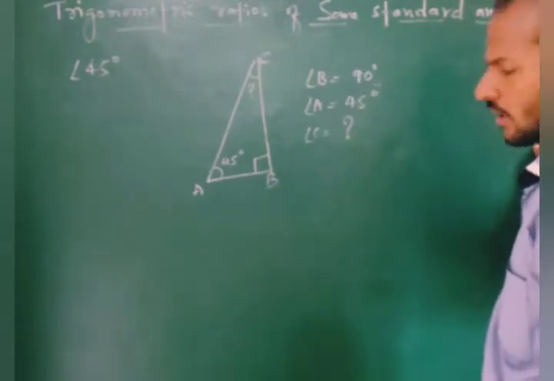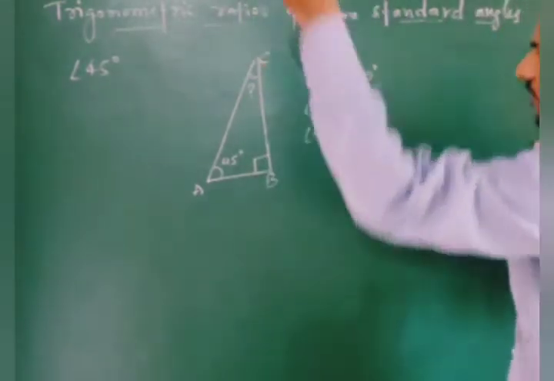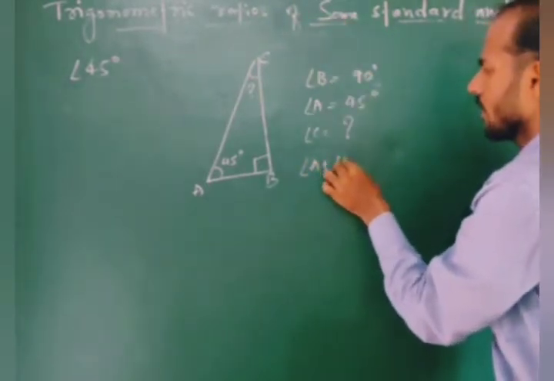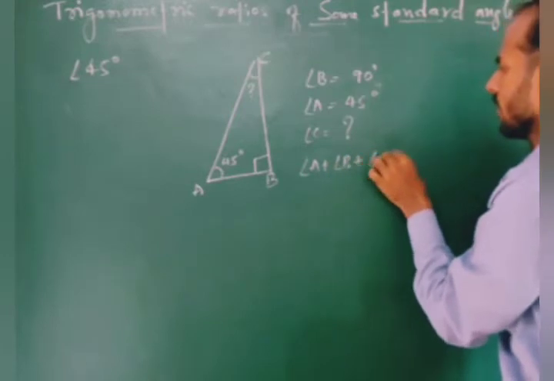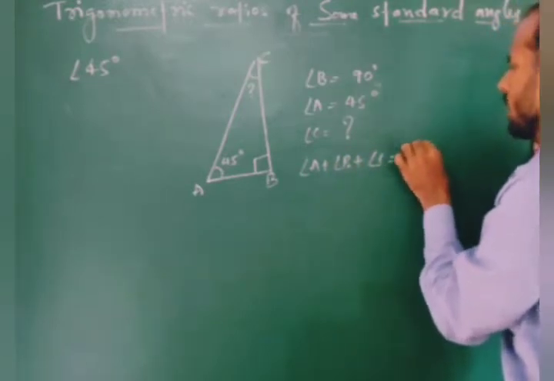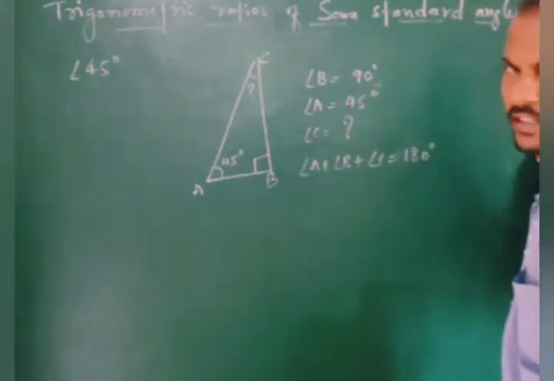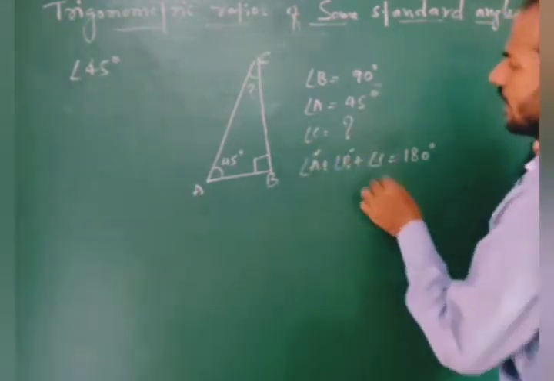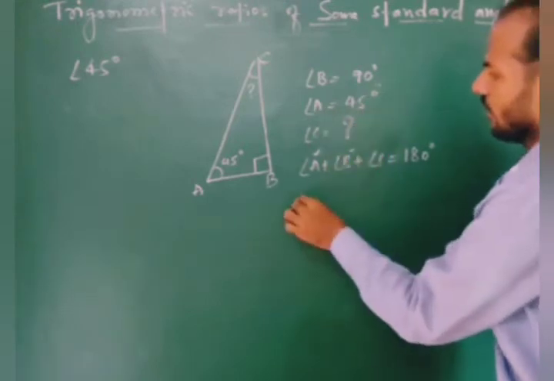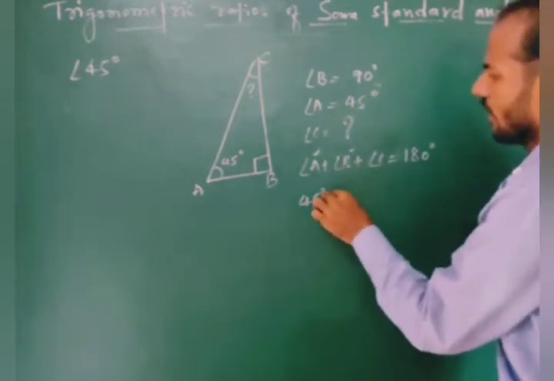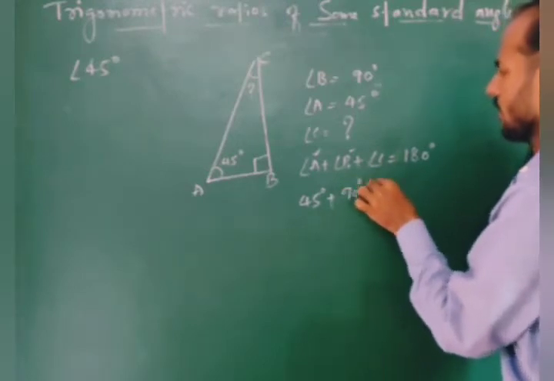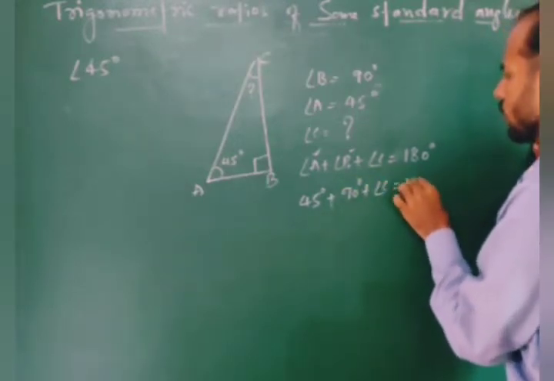Now we know the standard form: angle A plus angle B plus angle C equals 180 degree. All three angles of a triangle add up to 180 degree. Angle A is 45 degree, angle B is 90 degree, angle C we don't know, which equals 180 degree.